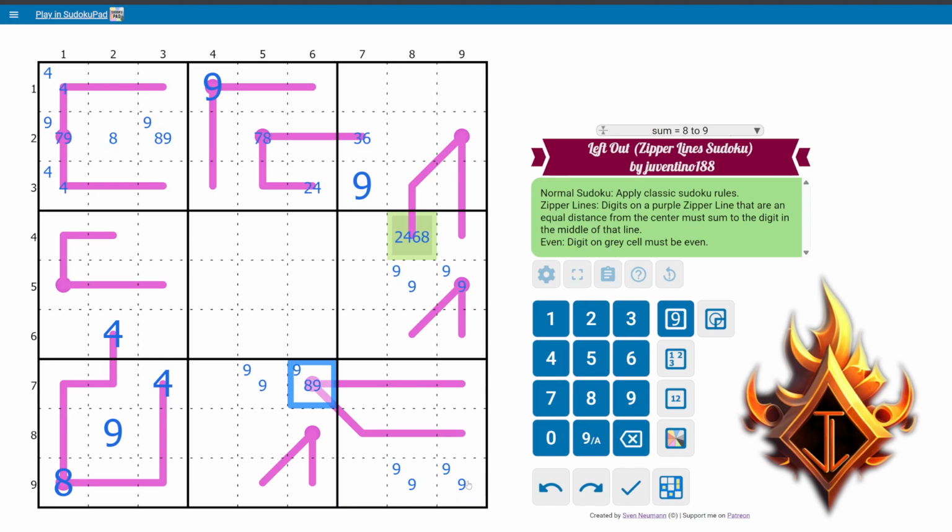Because if this is 8, 8 has to go down here as well. So that now becomes 9. And now 9 could still hide here, or not there though. It could hide here, either of those.